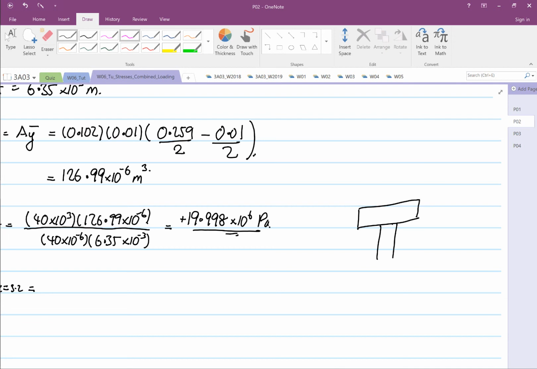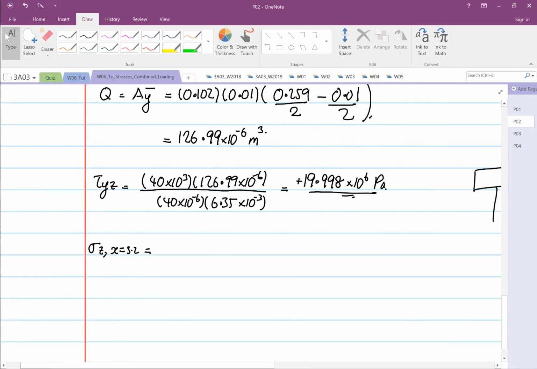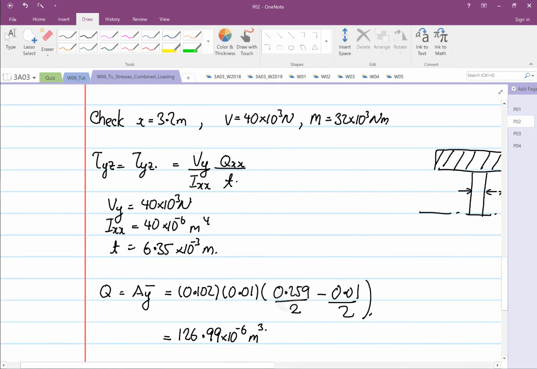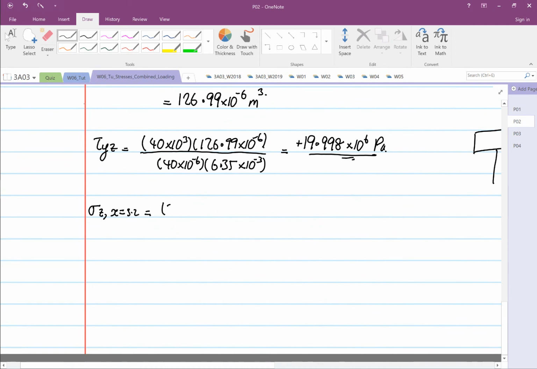So I'm going to draw my element. This is where our element is. The moment, again, we know is equal to 32,000, and we can put minus, top or bottom, it's going to be the same.